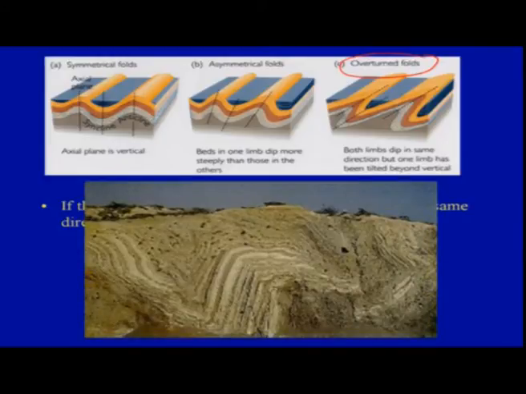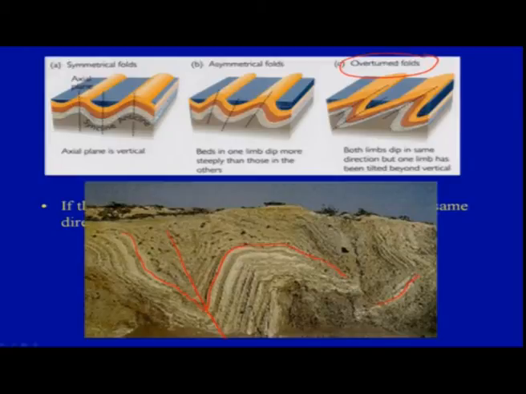Here if you look at this field photograph, this is your axial plane and the limbs go like this. This is your anticline, and if I carefully put these lines here and trace the bed, you find something which does not continue on this side.